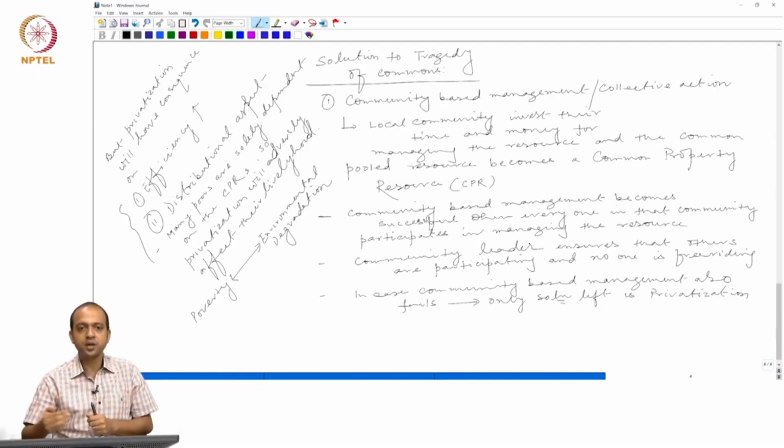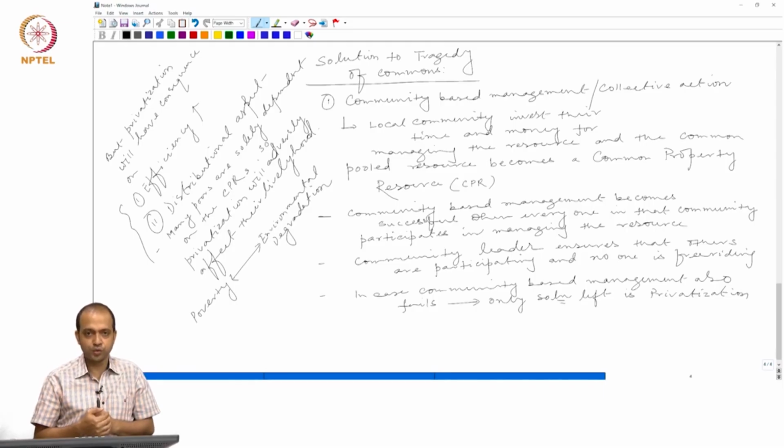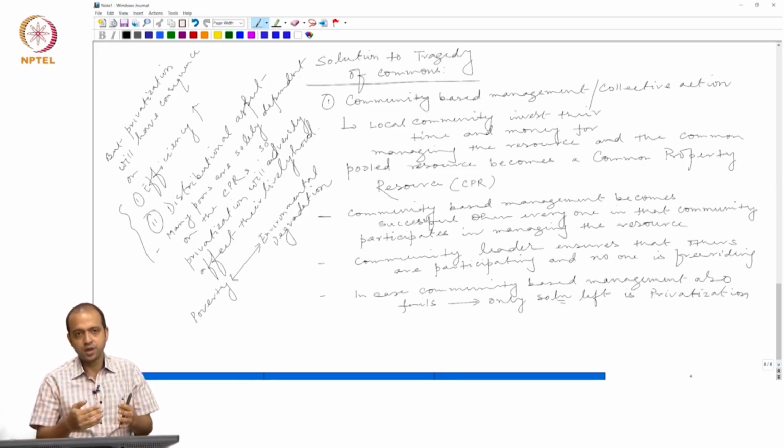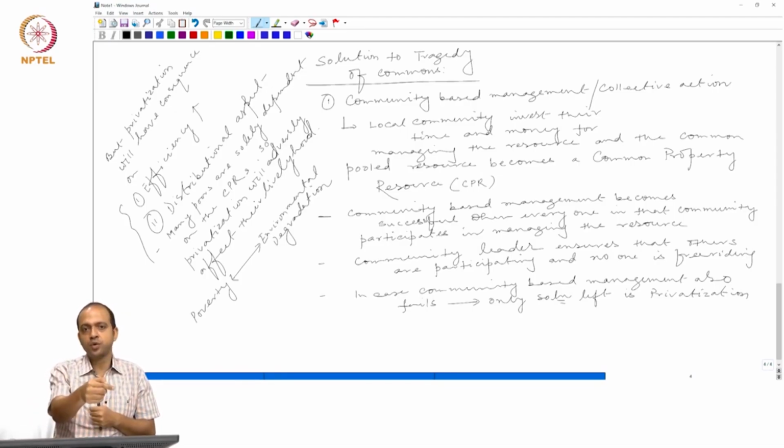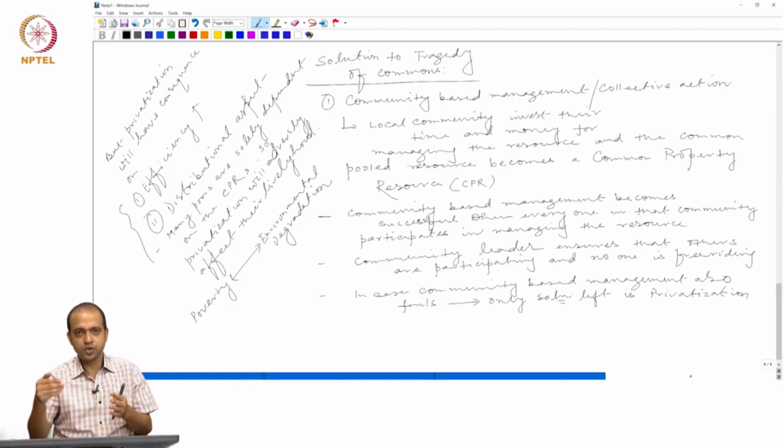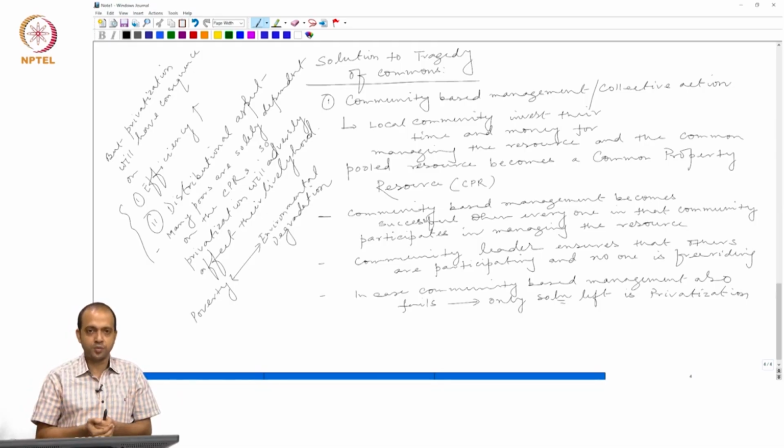And then to solve that tragedy of commons problem, there are privatization or community based management. These are the two solutions we can think of. Community based management is a situation wherein the resources are owned and managed by the local community. When the local community also fails to manage the resource, then privatization becomes the only solution left, and privatization will have an impact on efficiency, which will improve, but equity, which is the distributional aspect, will go down, because the poor are dependent on this type of resources.